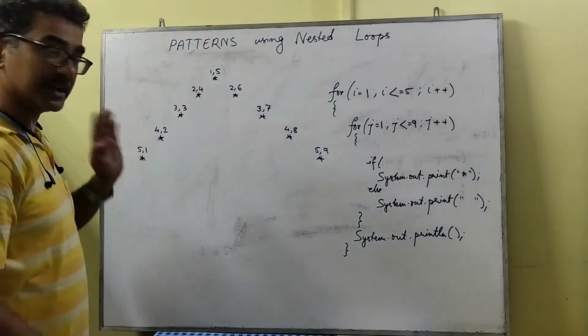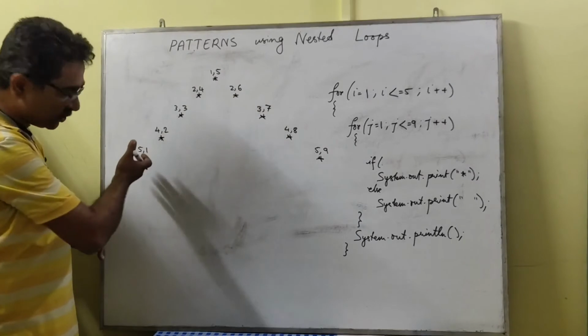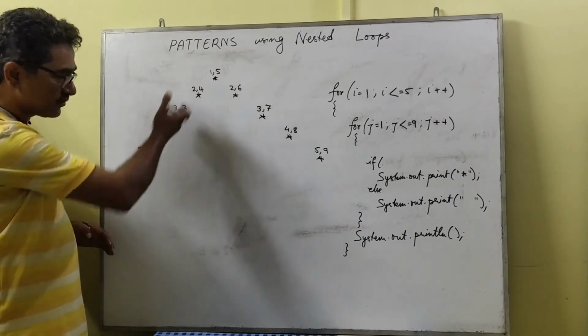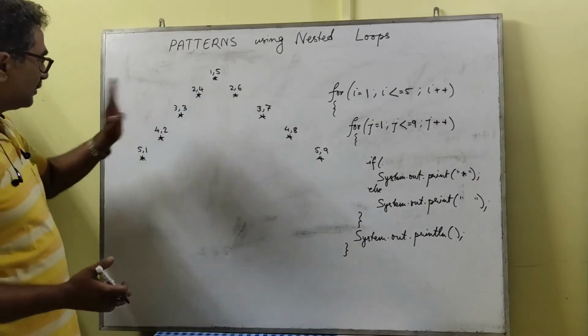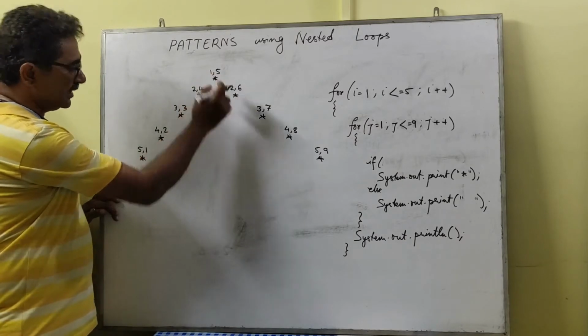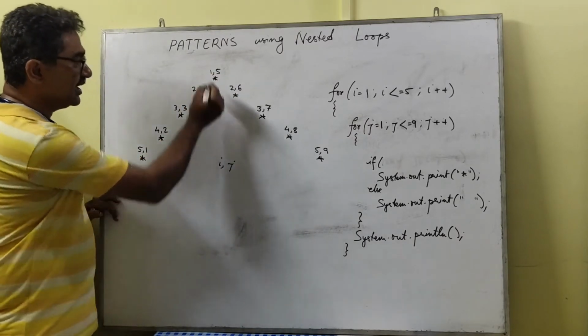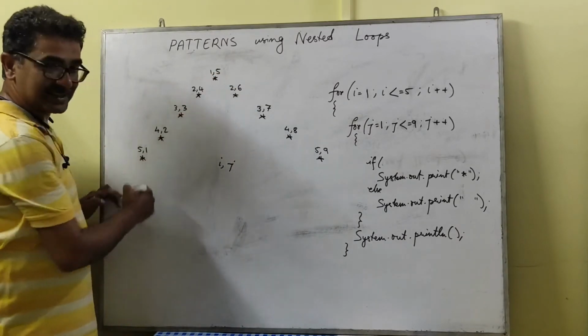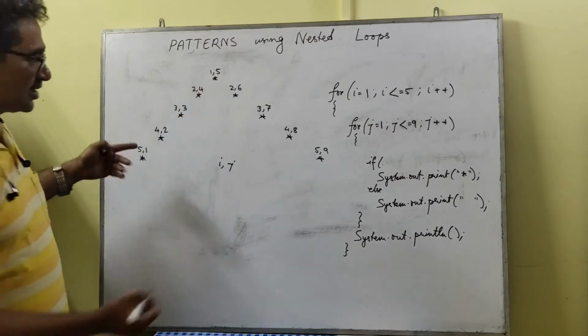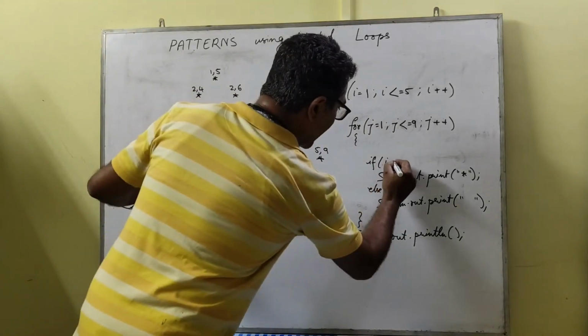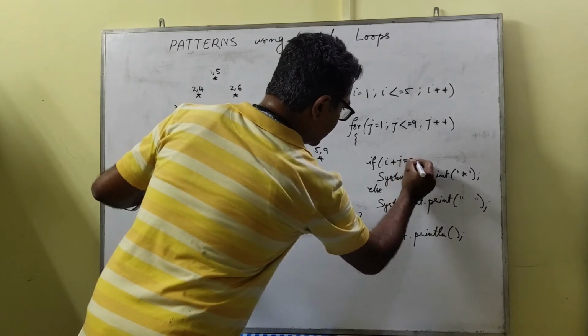Now, let us look at the condition. Look at this particular diagonal shape, this particular side of the pyramid. You will find each one of them, remember, it is I and j, and the summation is always 6, if you notice carefully. So we can tell if the value of I plus j is 6.